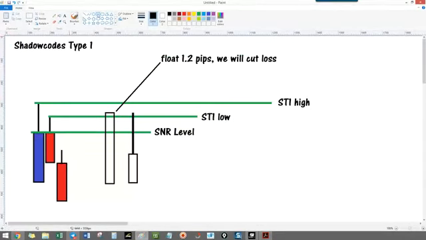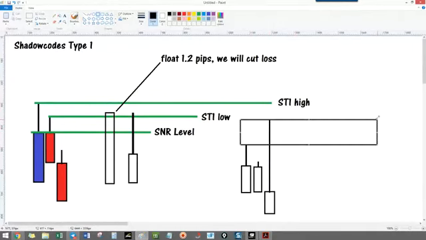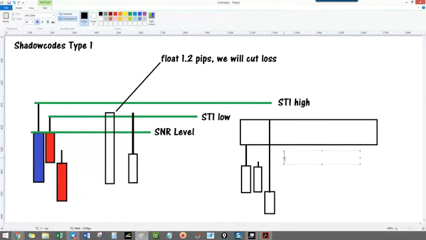This is ST1. It cannot be like this. Like this. This is not ST1.